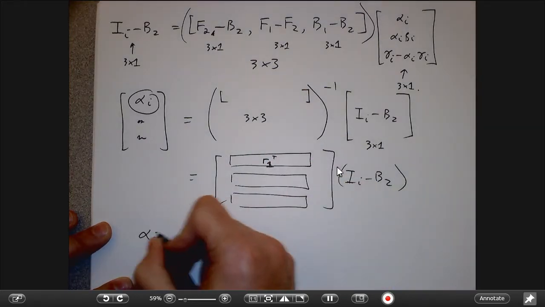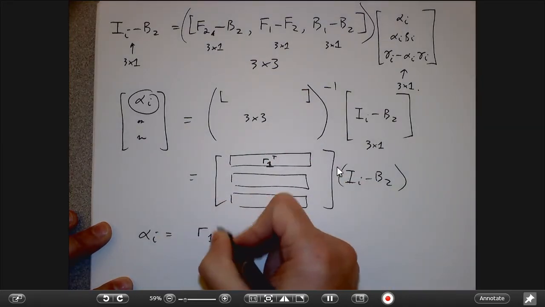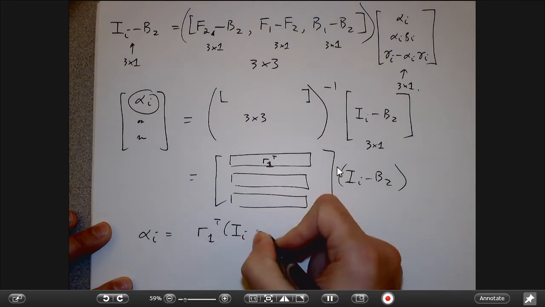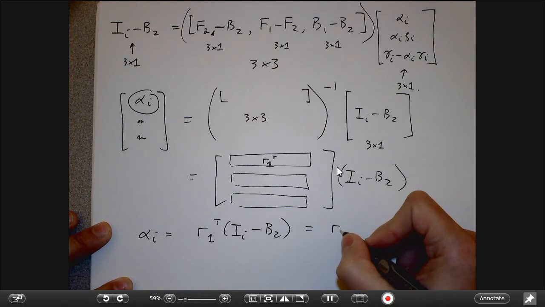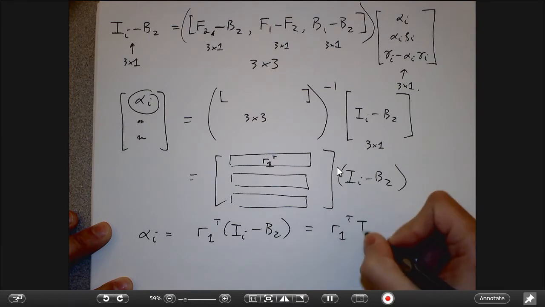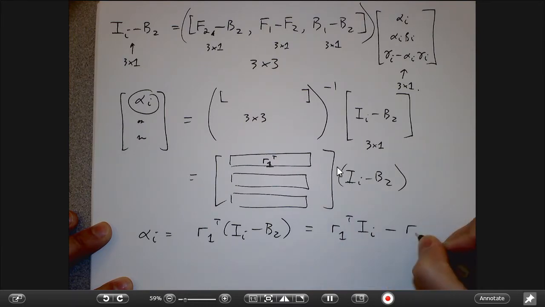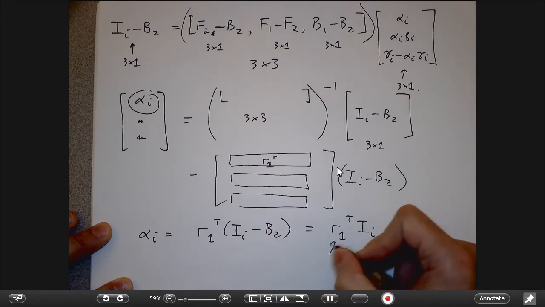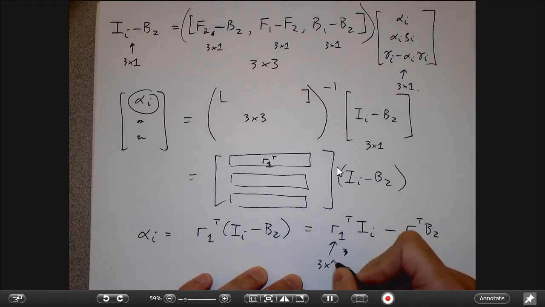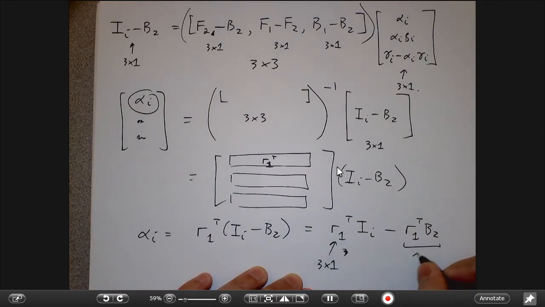So alpha I is R1 transpose times I_I minus B2, which is the same as saying I have something times this minus something times this. This R1 is a 3 by 1 vector, and this guy here is a 1 by 1 number.